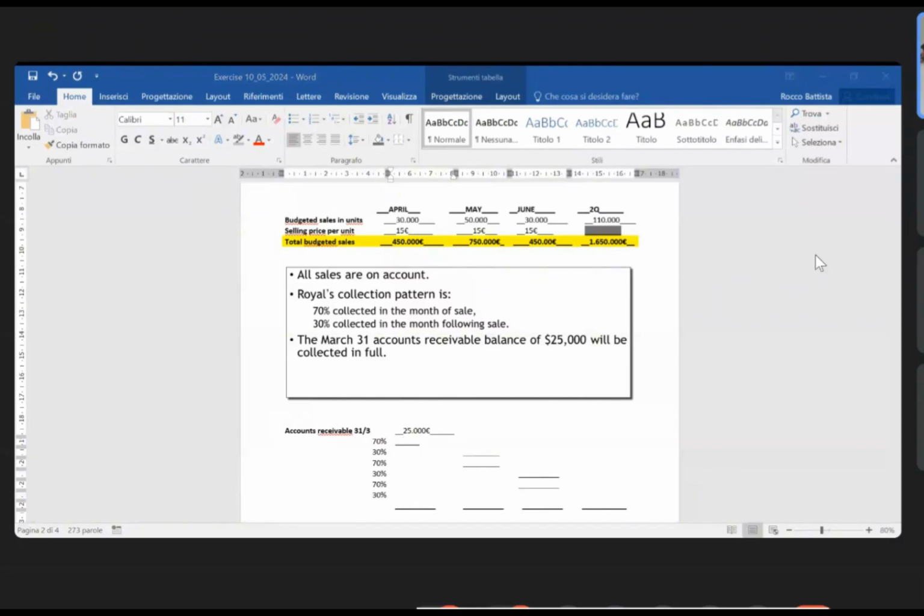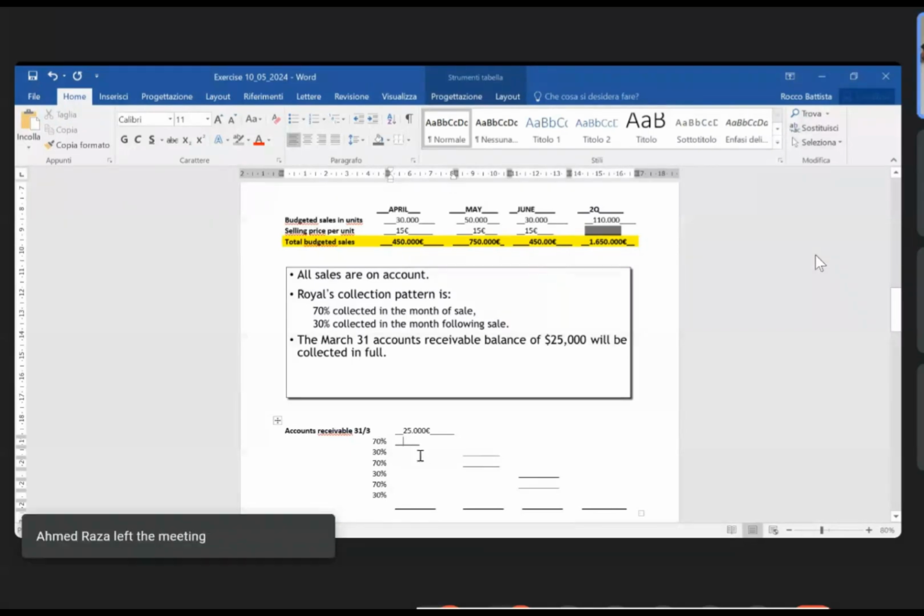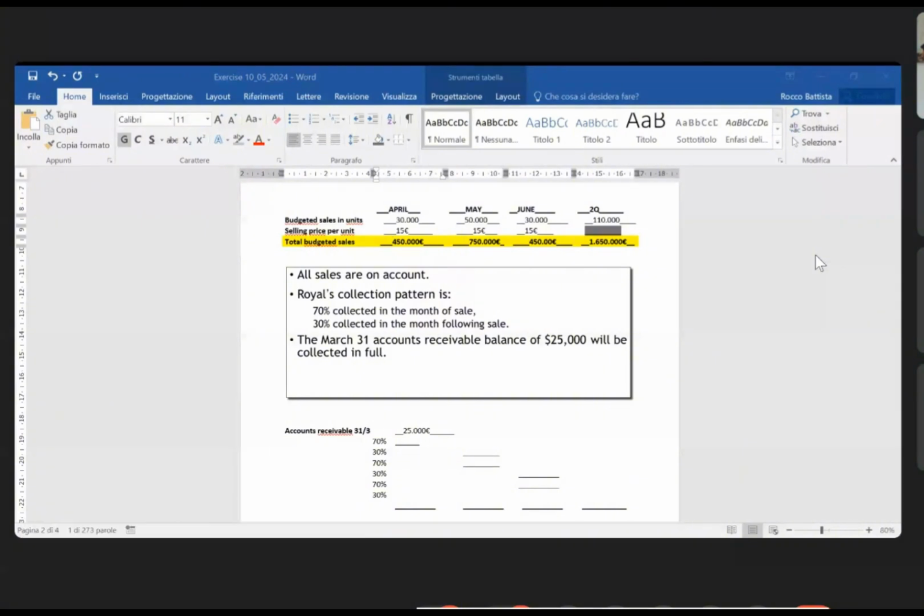So you have to multiply 450,000 euros by 70%. Let's give me the result. 315,000.